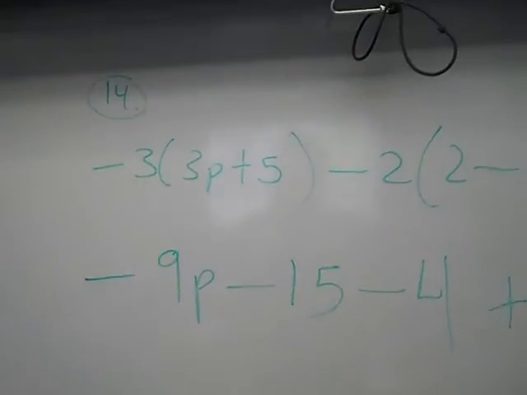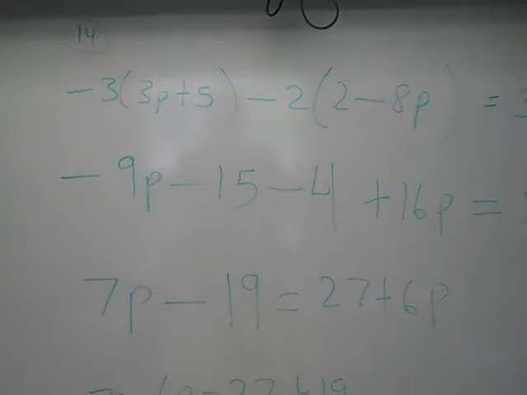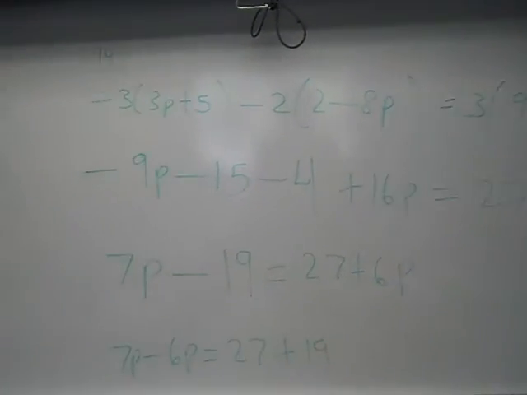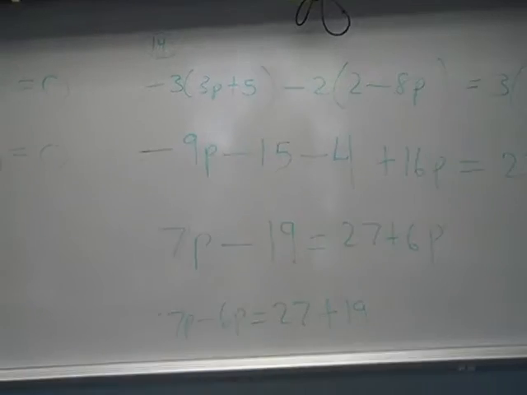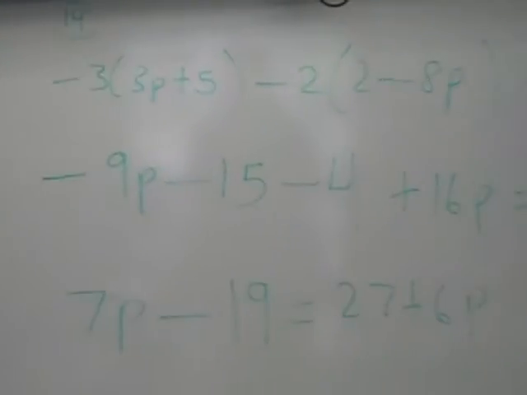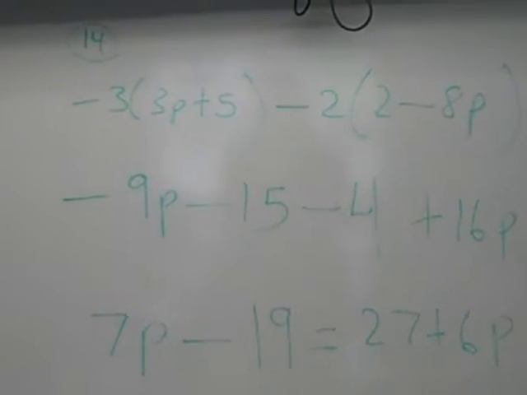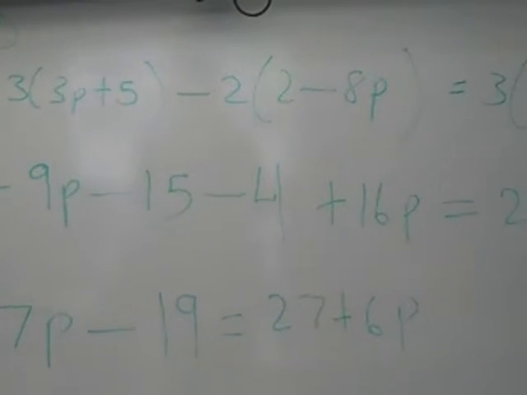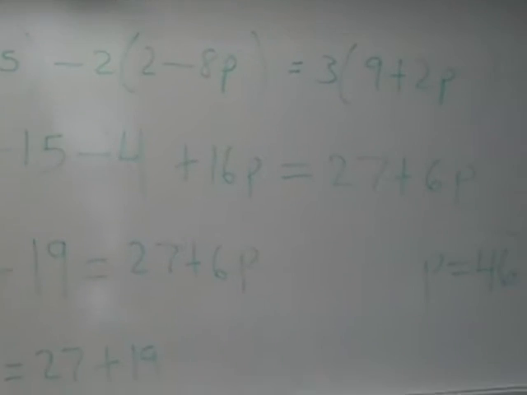Number 14. Now let me back up. This one's kind of a mouthful. Maybe I need to zoom just a little bit. Well, I don't know where my zoom key is. Oh, here it is. Okay, negative 3, and there's glare. That's 3p plus 5. And then minus 2 minus 8p.